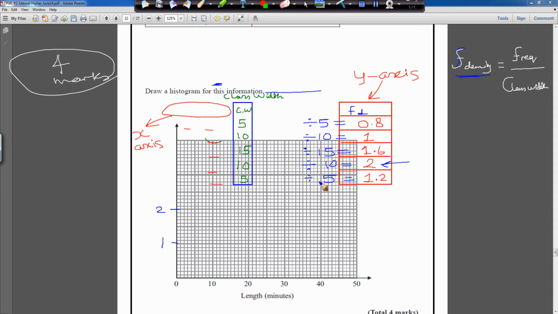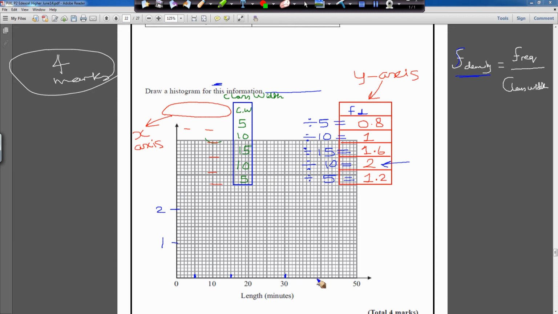Let's start drawing our frequency densities. Let's have a look where the markers are. So the 0 to 5 group will go here. That's 5 along the x-axis. The next marker point is 15. The next marker point is 30.